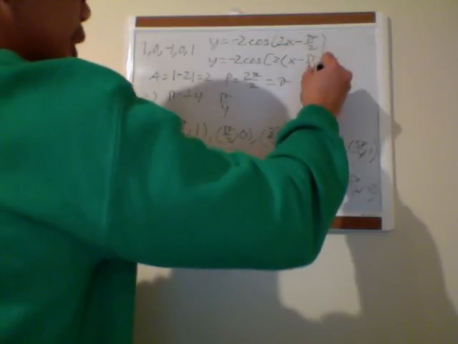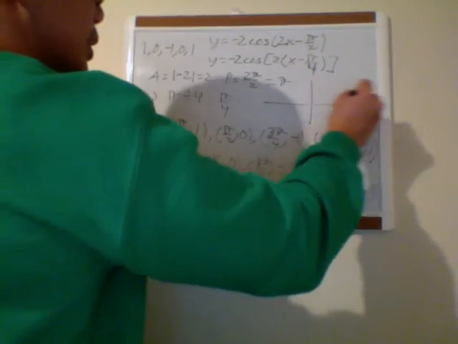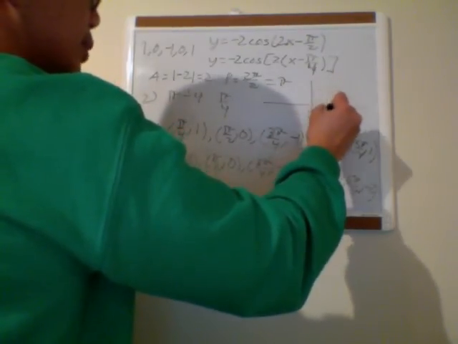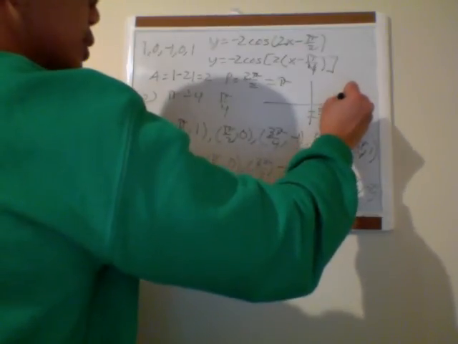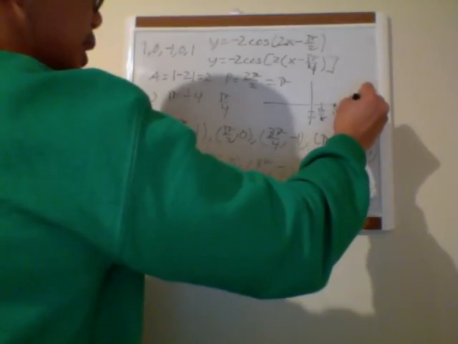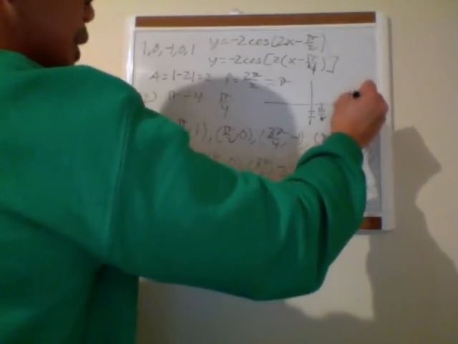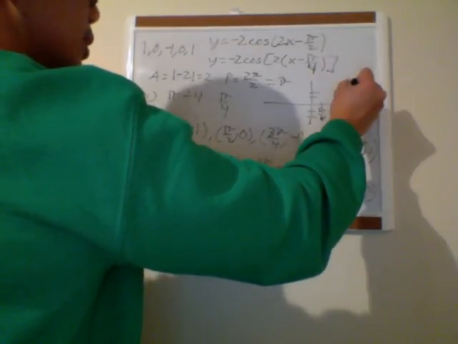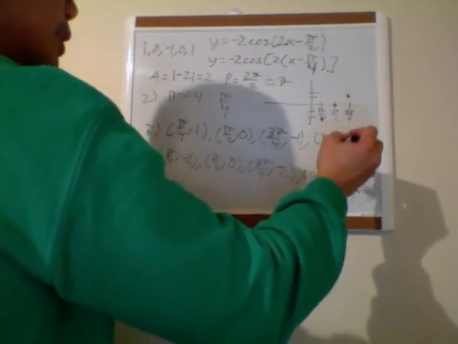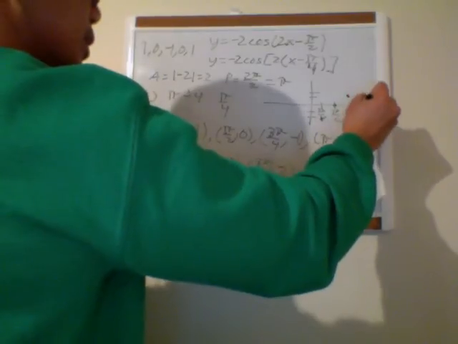I'm going to go ahead and graph pi over 4, and I know it's at -2. I know pi over 2 is 0. 3 pi over 4 is at +2. And then I know that pi is at 0.